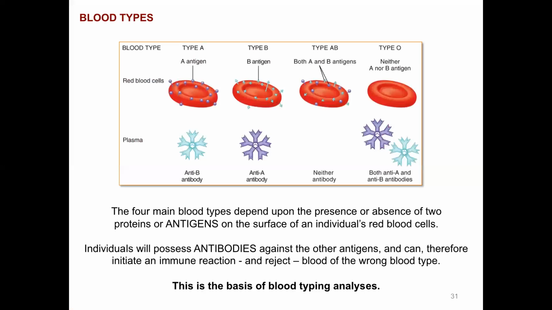So what does that mean? Well, if you have A in your blood type, that means you are expressing the A antigen. If you have B in your blood type, that means you're expressing the B antigen. If you have both, AB, that means your red blood cells express both of those proteins, okay?